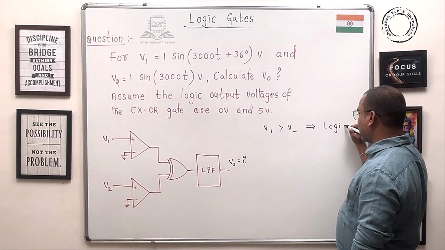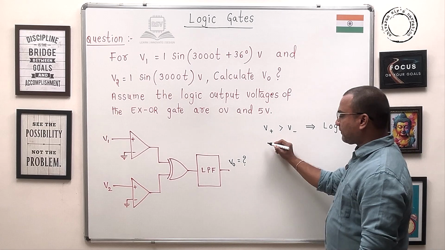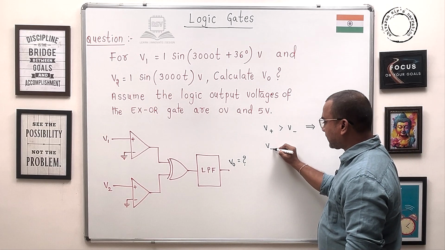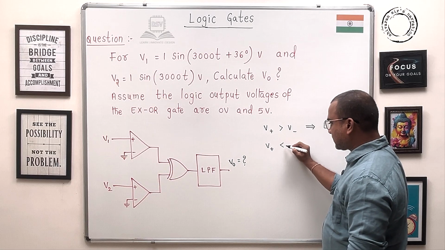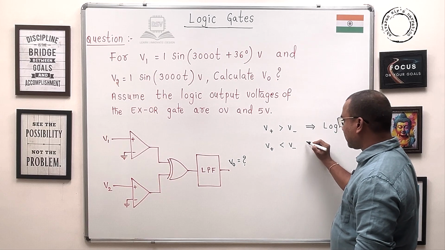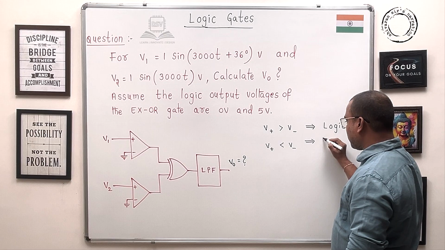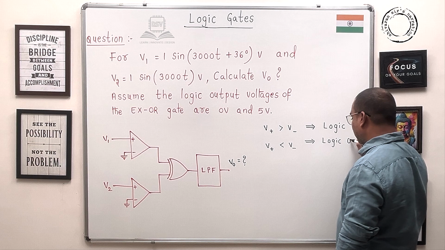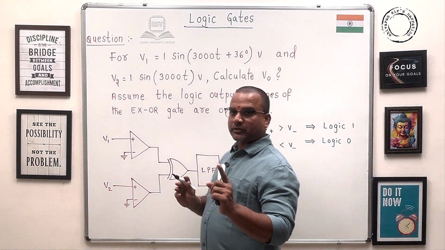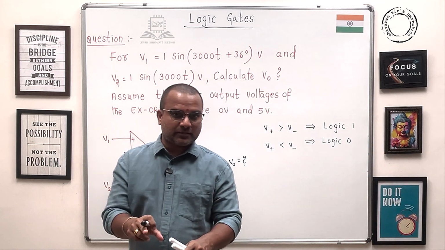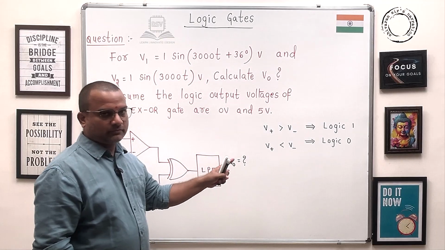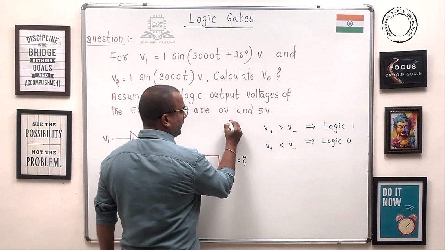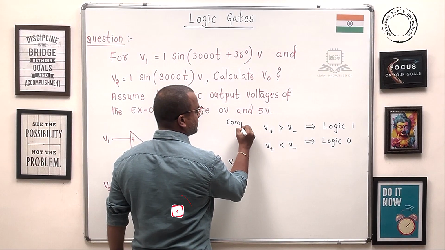Similarly, whenever the non-inverting terminal voltage is less than the inverting terminal voltage, it will produce logic 0. This is very important, guys. If you want to handle comparators in digital designs, then you need to know this. This is how a comparator works.